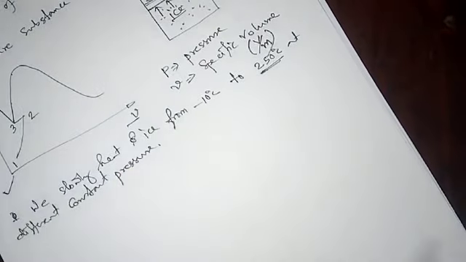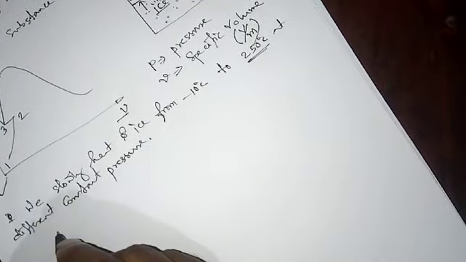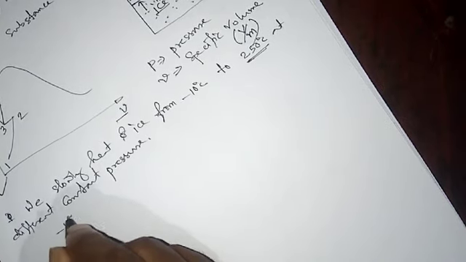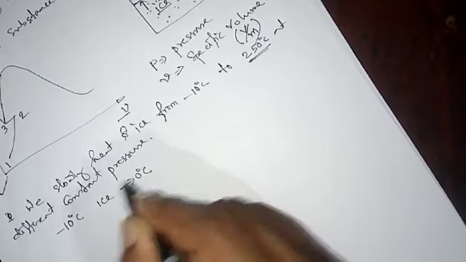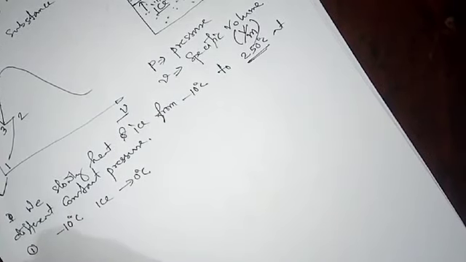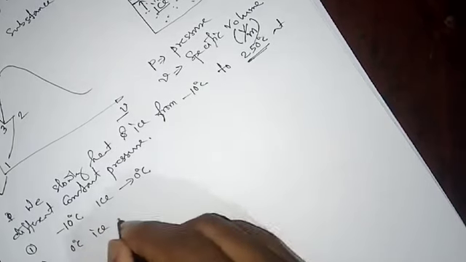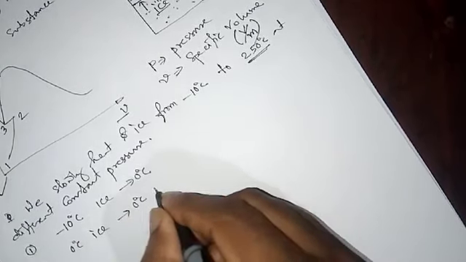PV diagram. First of all, I will heat the ice from minus 10 degrees centigrade to 0 degrees centigrade ice in the first case. Then in the second case, 0 degrees centigrade ice is converted into 0 degrees centigrade water.